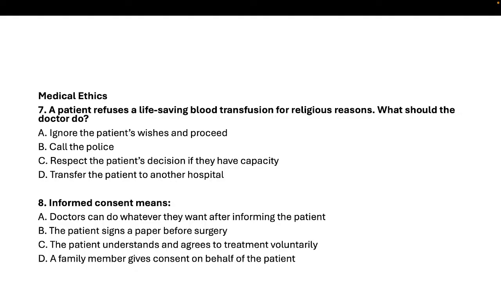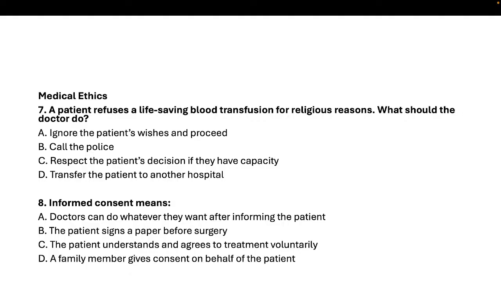Now, what do we mean by capacity in very lay terms? Capacity is basically where the patient understands what you as a doctor are trying to do. So in this case, you're trying to give a blood transfusion in order to save the patient's life. And why it is important, so again, to save the patient's life, and because there are no other ways for us to treat that patient.